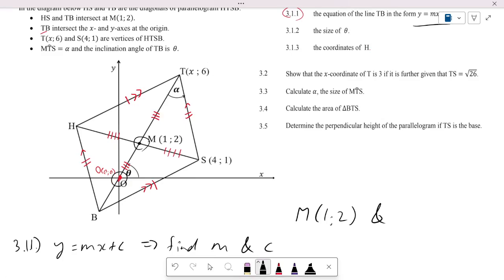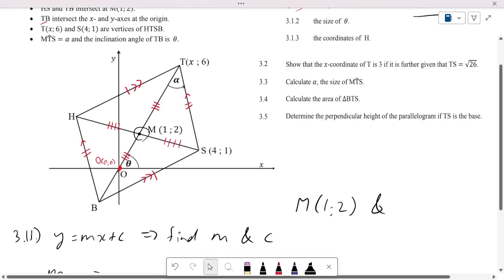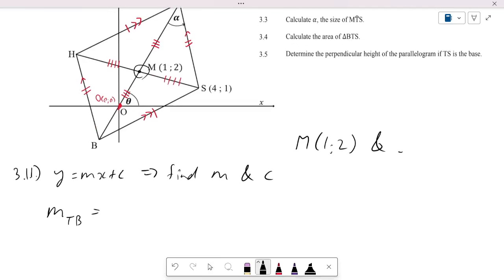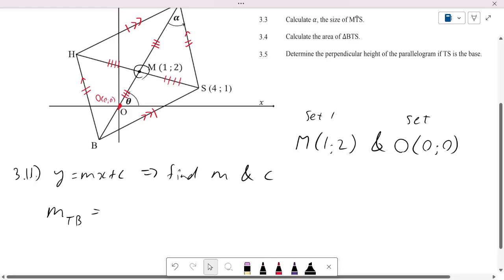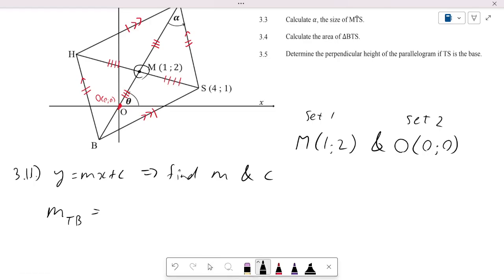We can see that the O is also lying on the line TB, so we're going to use the point O as well, which has the coordinates 0 and 0. And now we're just going to name them after their sets. So this is going to be set 1, and this is going to be set 2. So coordinate M is set 1, and coordinate O is set 2. Sorry, I should just write the 2 over here.